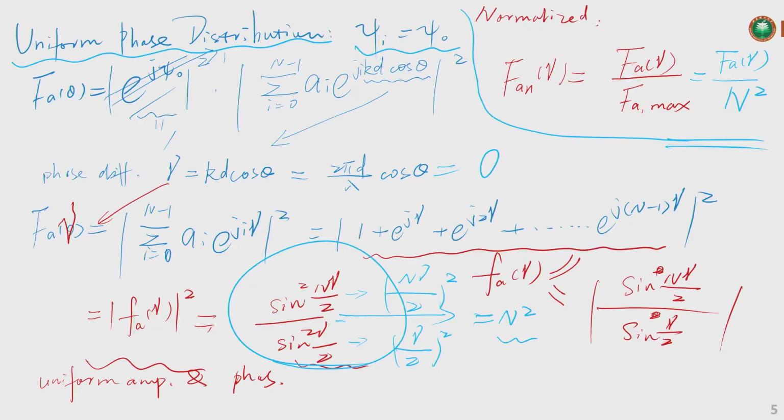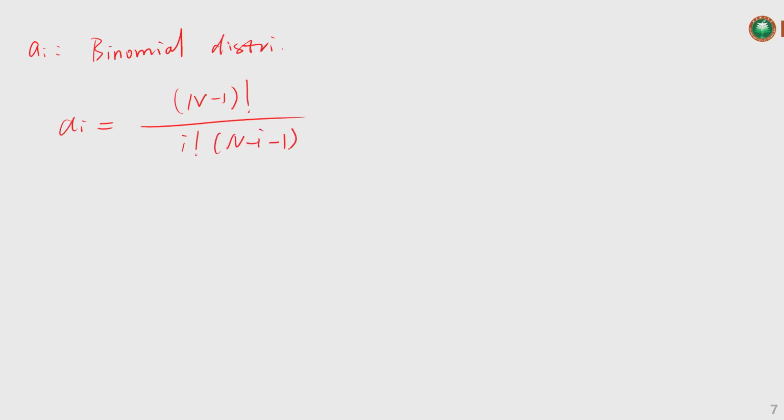So here, when we set the amplitude distribution, A_i follows a binomial, which means A_i can be represented by an equation with binomial coefficients, (N-1)! divided by i!(N-1-i)!.